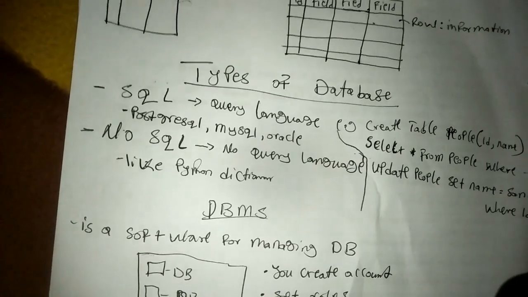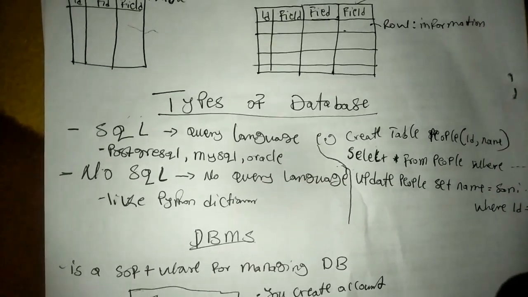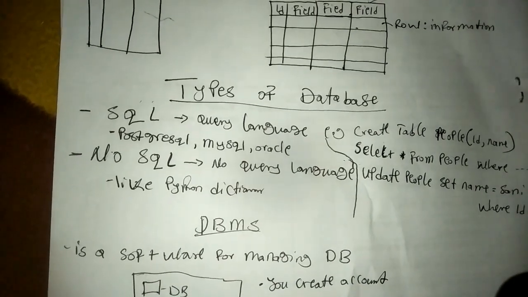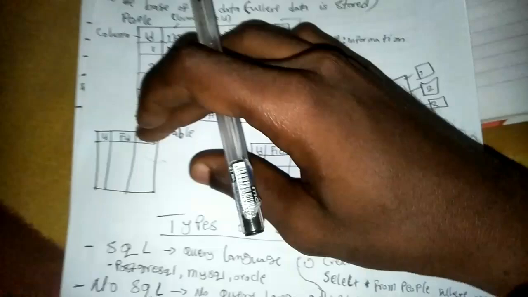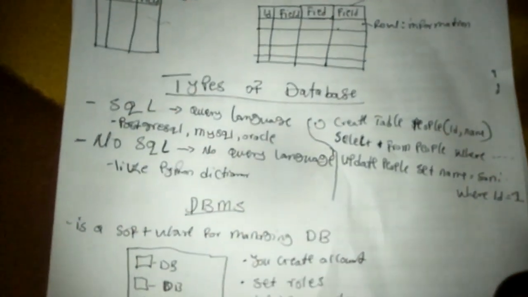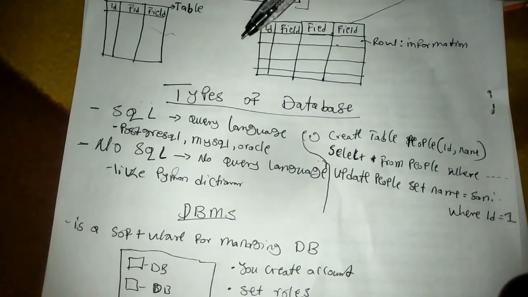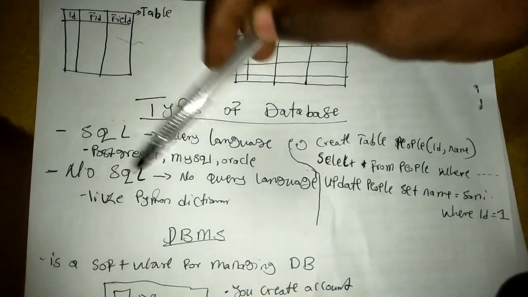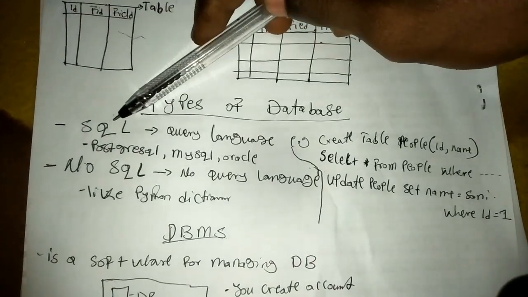Now we understand that what is inside the database is a table, and every single table has its kind of data it is used to store. This table is for people. This table we don't specify, and this table also we don't specify, but we can specify. So we have two types of database, which are SQL and NoSQL. SQL means structured query language.